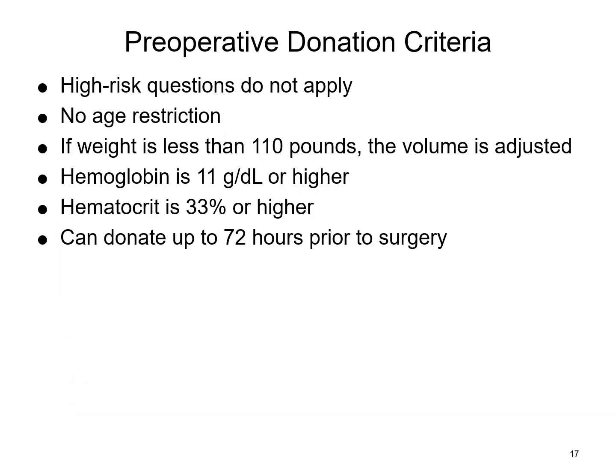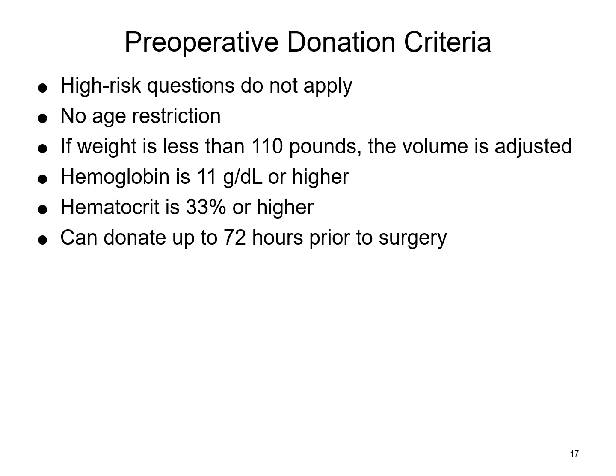Now with that preoperative donation, they don't do that high-risk questionnaire as far as their exposure to potential infectious diseases, because they're getting their own blood. So if they already have a disease process or any sort of infection, they're still getting their own blood back.